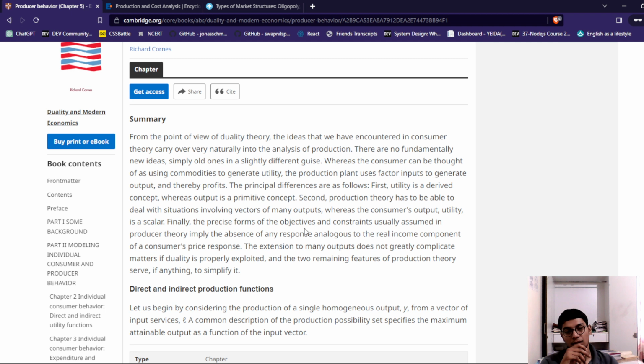The extension to many outputs does not greatly complicate matters if the duality is properly exploited. And two remaining features of production theory serve, if anything, to simplify it.